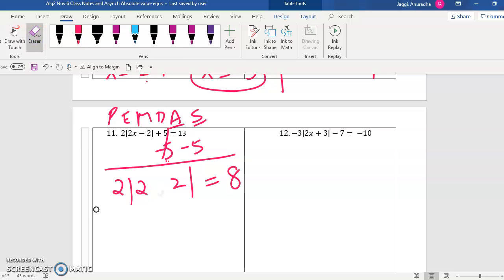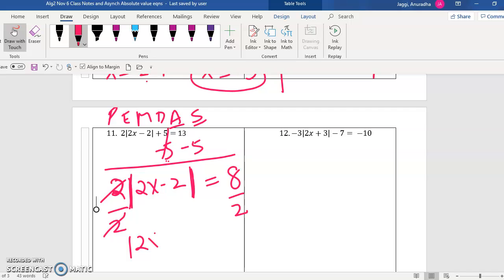So 2 times the absolute value of 2x minus 2, right? Now I still don't have my absolute value by itself on the left hand side. So what do I do? I divide by 2 on both sides. Inverse of multiplication, 2 is multiplied to the absolute value. I divide by 2 on both sides. So what do I get?